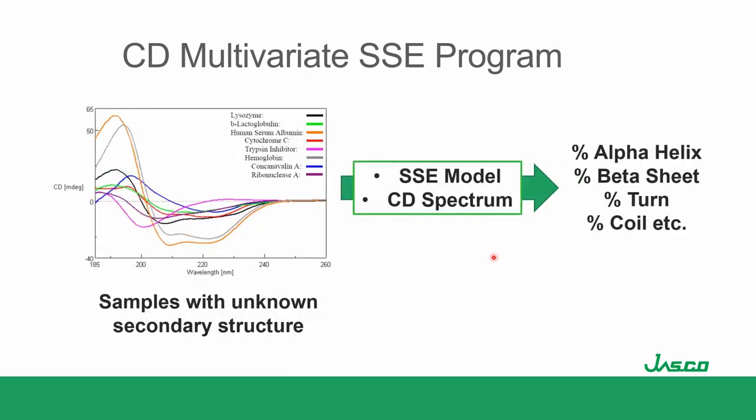Once that secondary structure model or coefficient matrix is developed, all we have to do is take our CD data, plug that CD spectrum in, and it will automatically give us our percentage of content. So I've shown here that the whole process is very identical to the way the FTIR algorithm is done. Once you know how to use one of these software packages, the process is basically identical. The only thing that's different is the sample measurement.